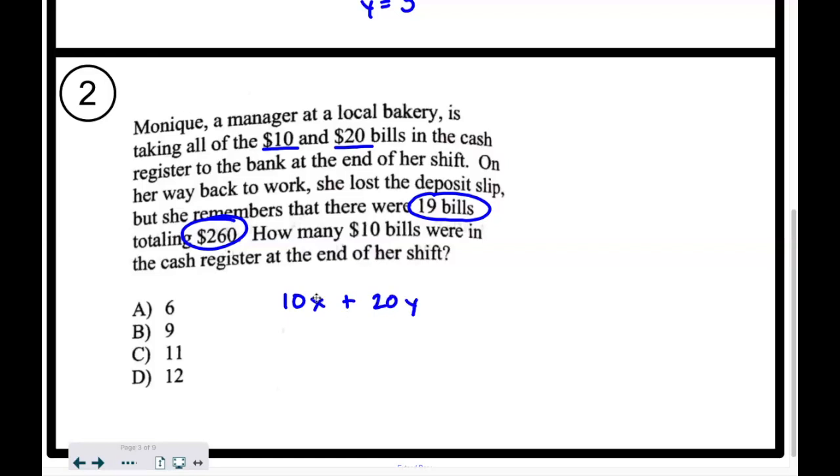That's the number of $10 bills times 10, and the number of $20 bills times 20, which is the total amount of money that we should have. So that should be the $260 that we have. And then the 19 bills, that's just the total of X and Y. So that's X plus Y equals 19.